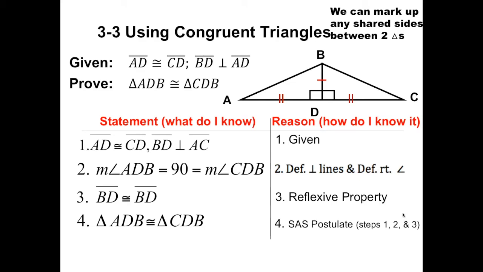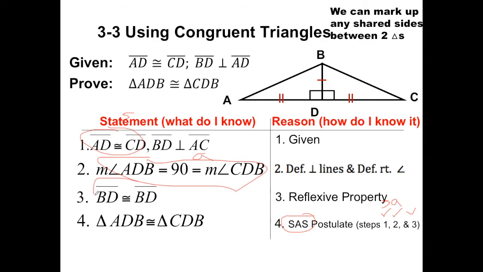So in steps 1, 2, and 3, just to point it out here, in order to use SAS, we need to say 3 things, right? In step 1, we got a side. In step 2, we got the 2 angles.